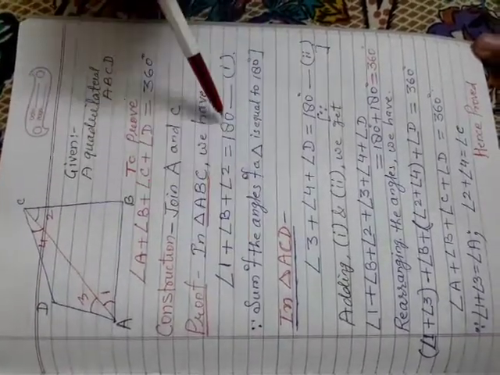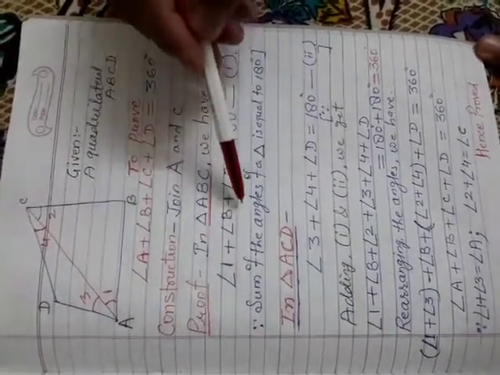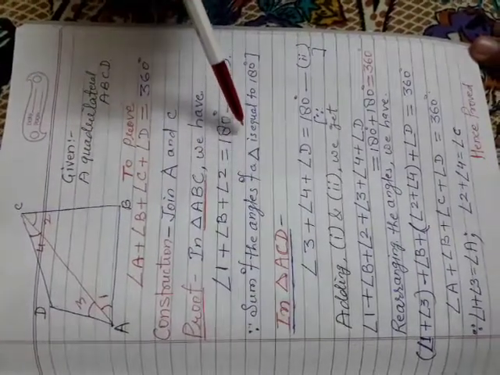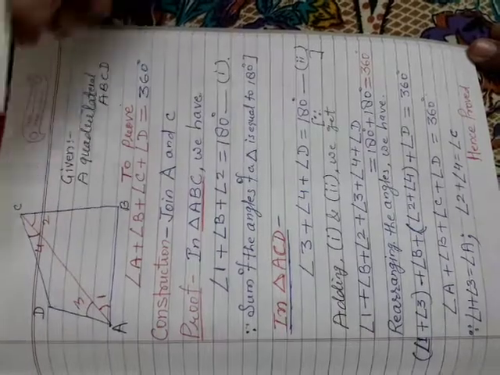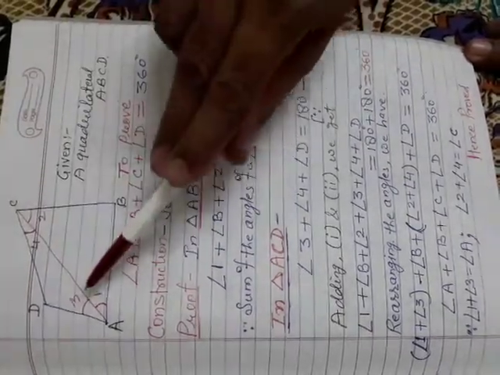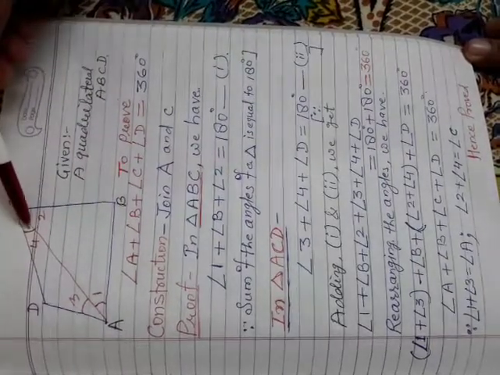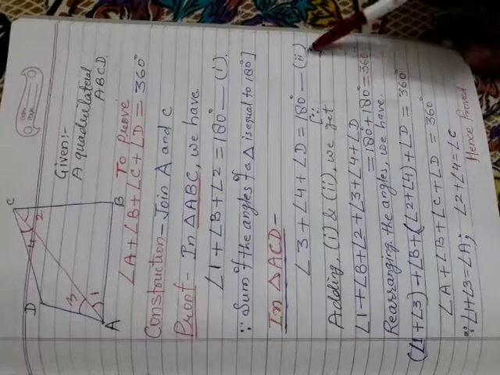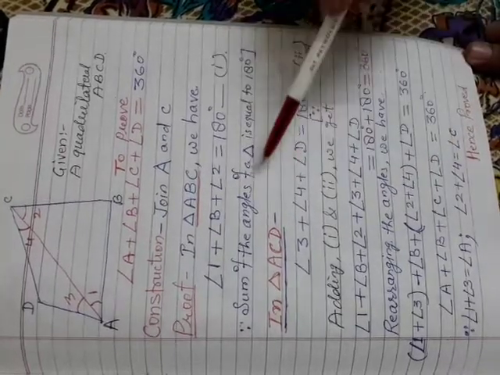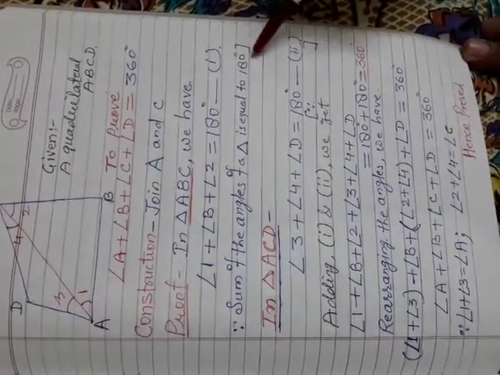Why is it 180? Because the sum of the angles of a triangle is always equal to 180 degrees. Now we are going to take the second triangle, that is ACD. In ACD, angle 3 plus angle 4 plus angle D is equal to 180 degrees, because the sum of the angles of a triangle is always equal to 180 degrees.